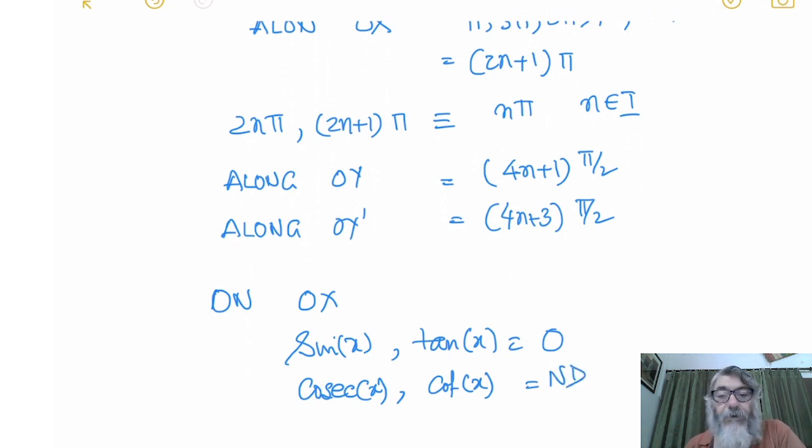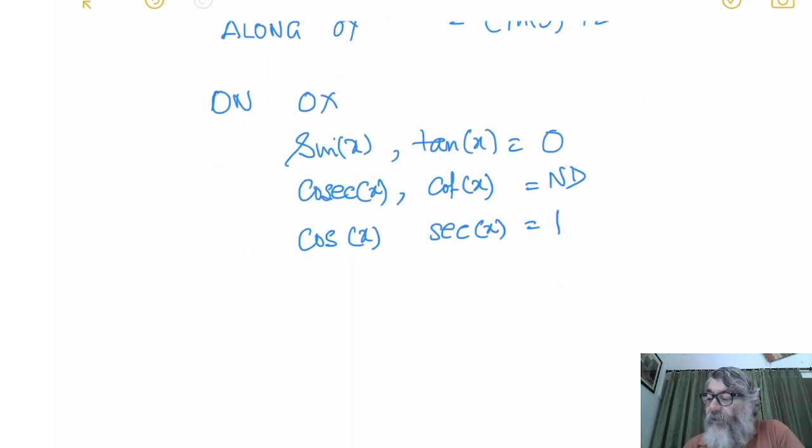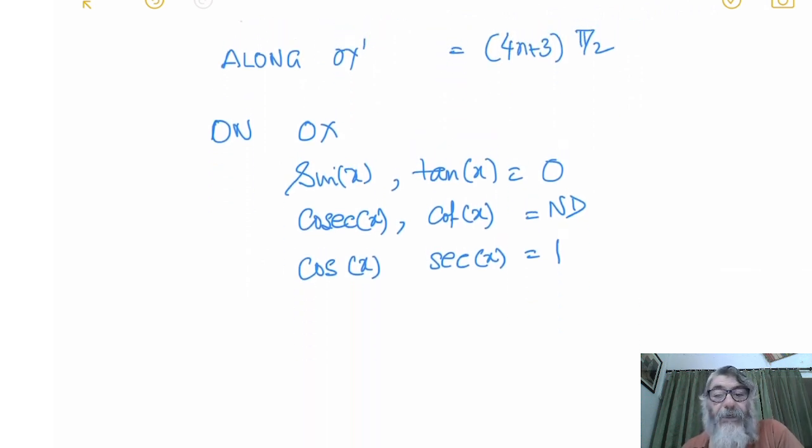Now four ratios have gone, and what is left? We are left with cos and sec. Cos x and sec x, the value is 1, because cos 0 is 1, and so is sec 0.